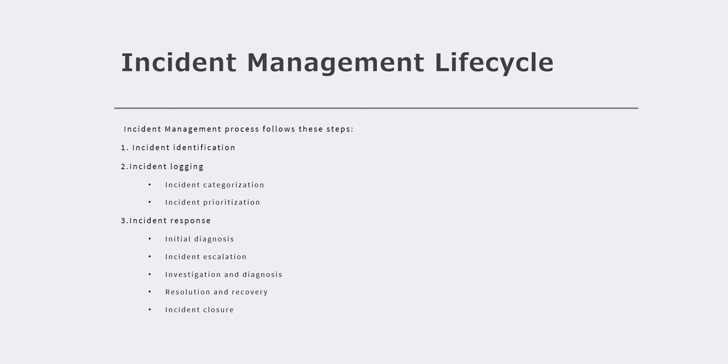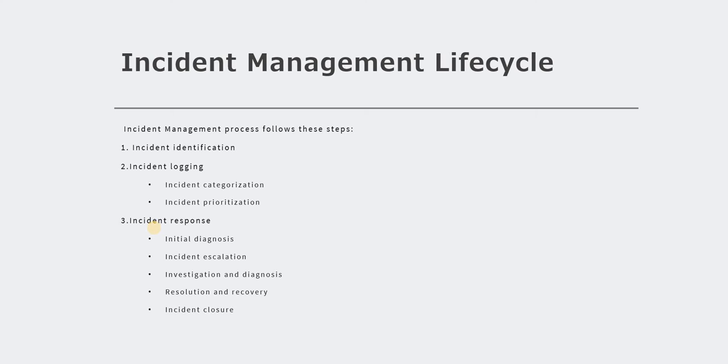This is a formal list of the incident management lifecycle. First is the incident identification, that is done by the end users or any other team or the third party tools which we had discussed. As soon as the incident is identified, the next step is incident logging, where we categorize and prioritize the incident, whether it's a high priority or a low priority incident, and how we respond to that incident.